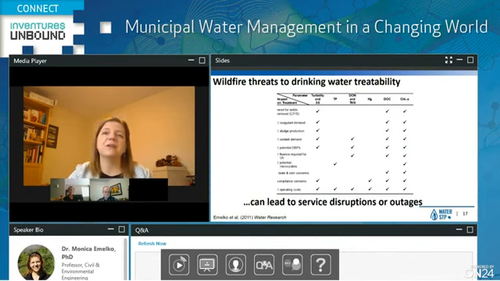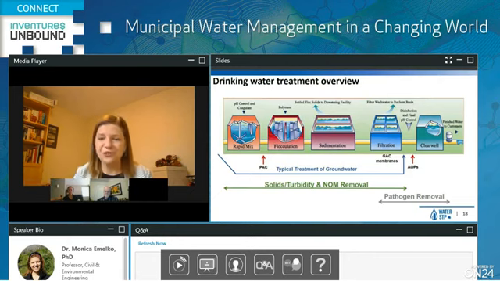So on this slide, we have listed several wildfire threats to drinking water treatability that are related to, on the top row, the aspects of water quality that change after disturbance. We focused on wildfire, but it's important to note that this table is also relevant to not just wildfire, but also other disturbances.